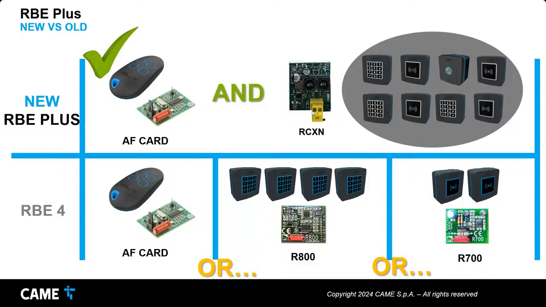So we were obliged to use the AF card because only one slot for additional boards was present, or just in case R800 in order to use keypads, or R700 in order to use transponders. So this was a choice, an obliged choice.